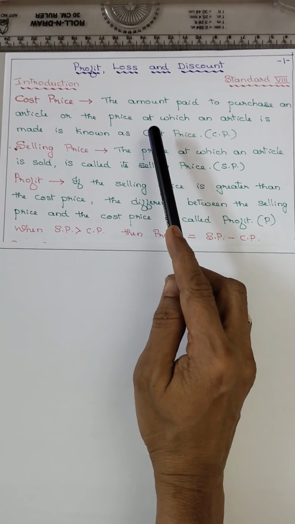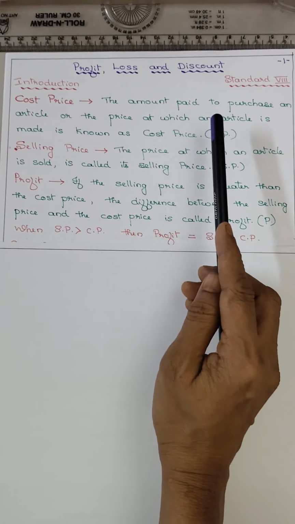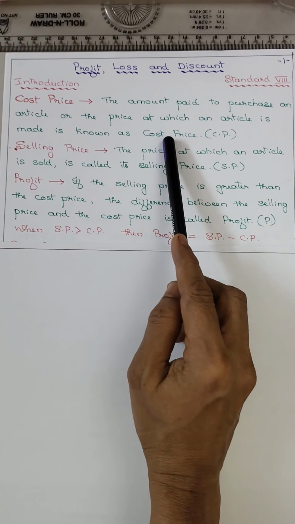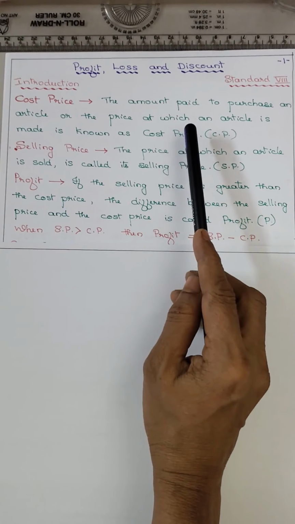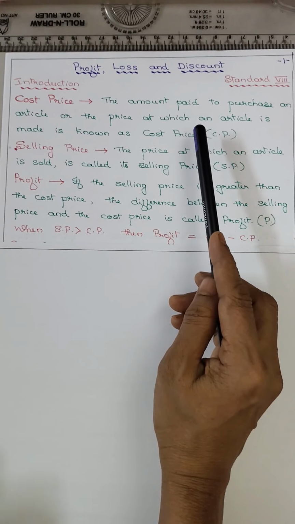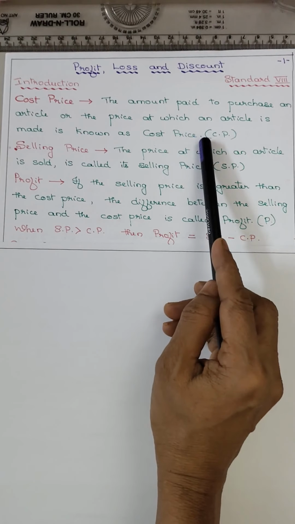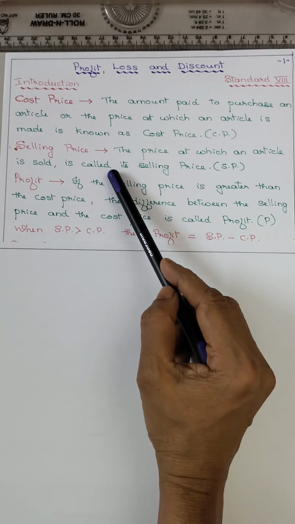The amount he gives to the wholesaler is called the cost price. Or for any article which is made, the cost at which it is made is also called the cost price. Is it clear?